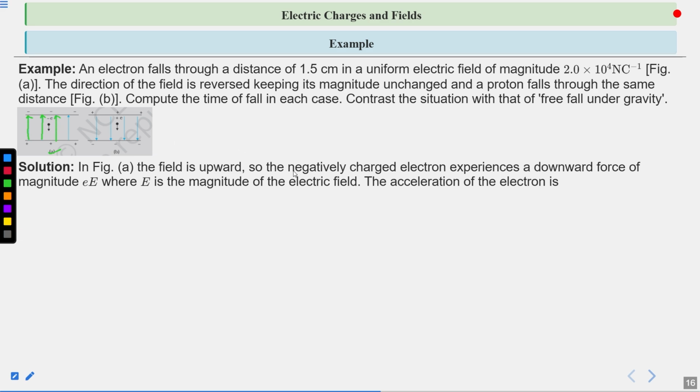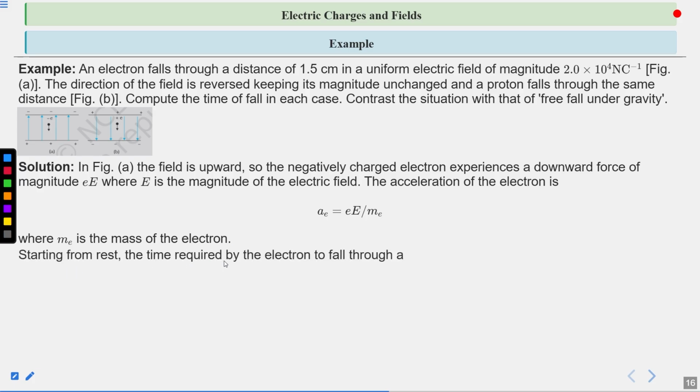So the negatively charged electron experiences a force that is vertically downward of magnitude eE, where E is the magnitude of the electric field, and the acceleration of the electron is a equal to eE divided by me. This formula is very important, where m is the mass of the electron.